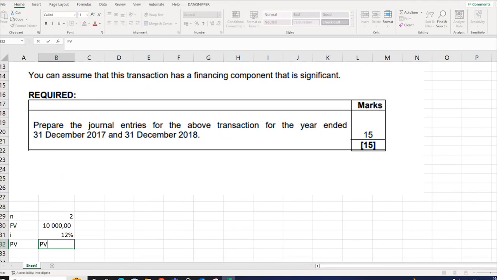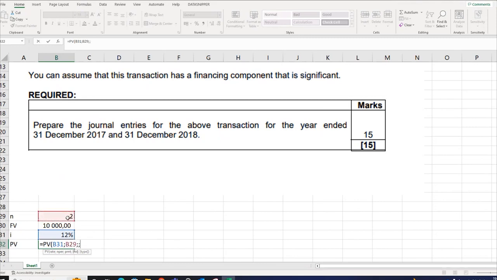Okay. So then we'll say the present value, the rate, we've got these 12%. Then the period is 2 years.